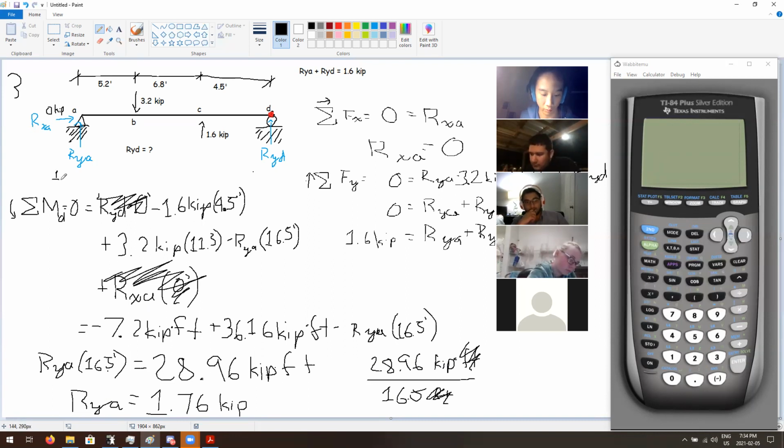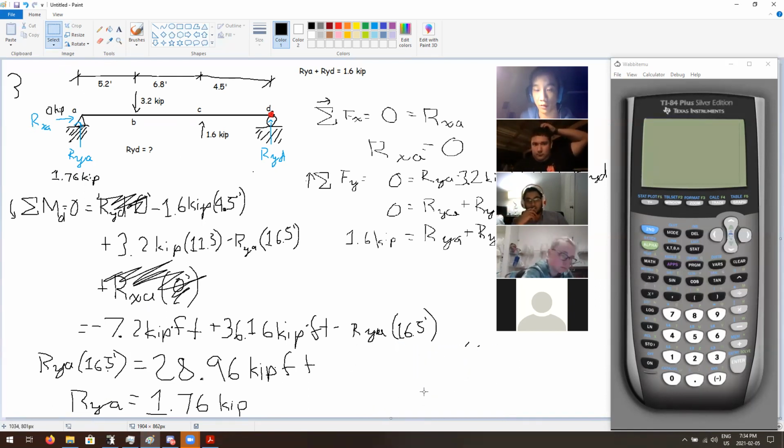Does this make sense for everyone? Yeah. Beautiful. Wait, so you got RYA 1.76. Yeah. 1.76. Got you. This was just a visualization of why we got kip instead of kip feet. Got you. All right, beautiful. Now, we can do this equation.